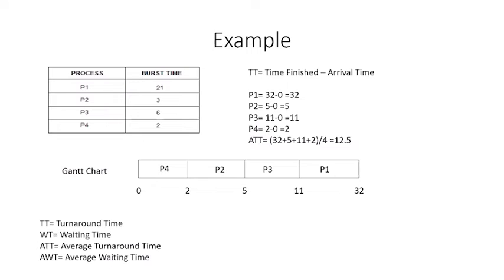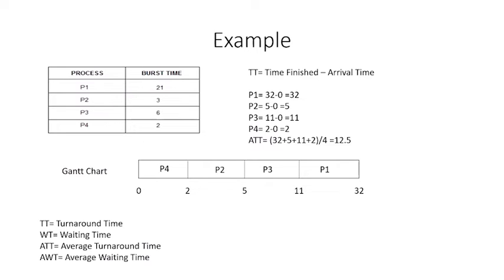Now we get the average turnaround time. To get that, we first get the turnaround time. The formula for turnaround time is finish time minus arrival time. Since we have no arrival time, we subtract 0. P1 equals 32 minus 0 equals 32.